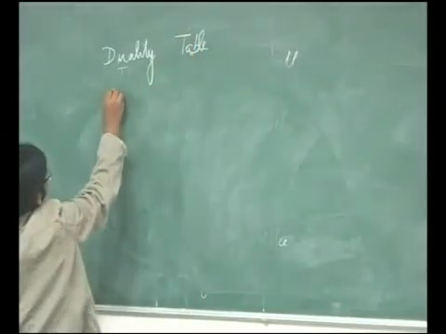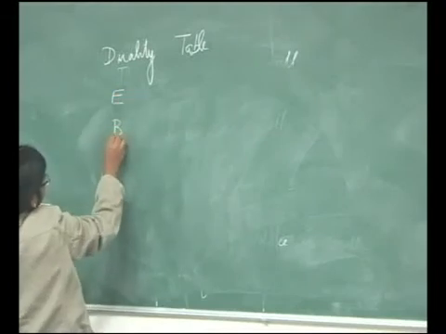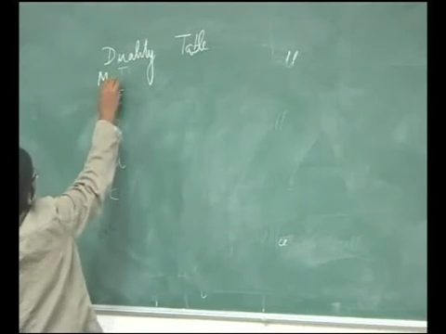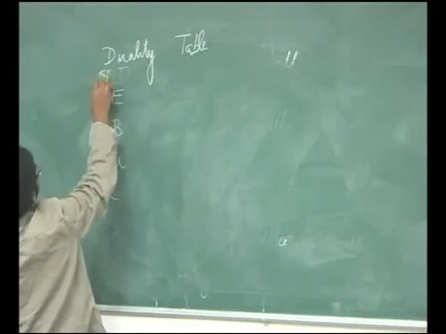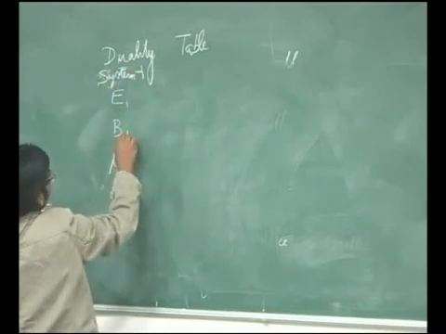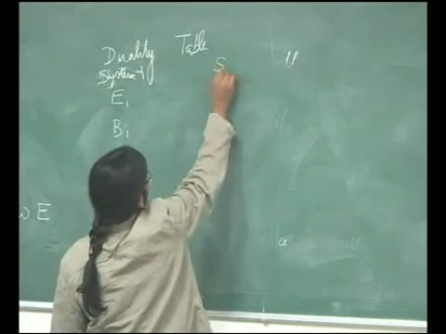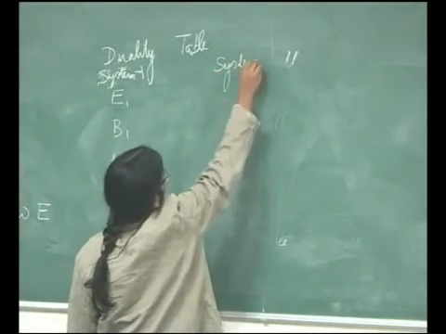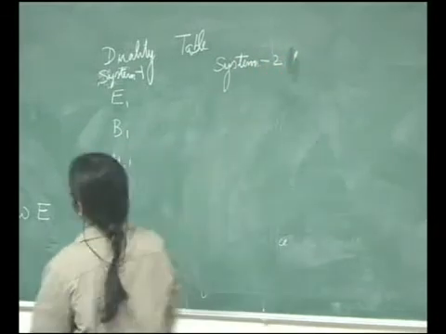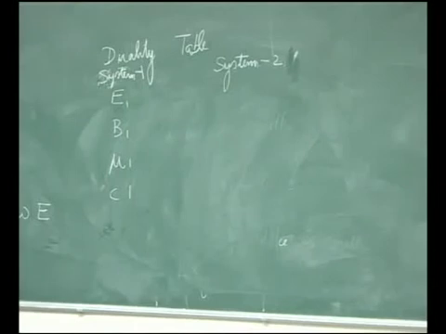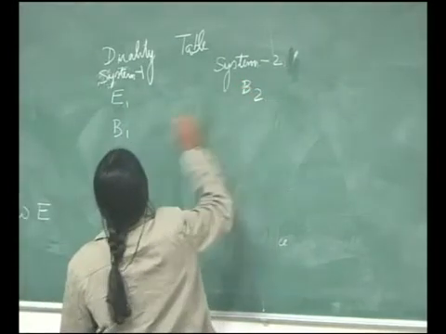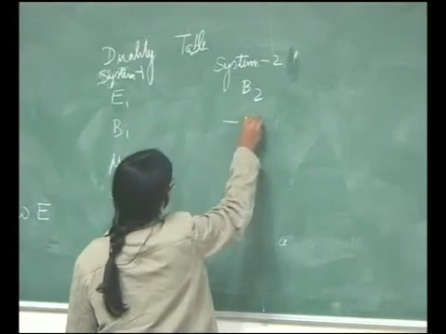so I have parameters E, B, mu and epsilon, say in medium 1 or system 1. So this is 1, 1, 1, 1. Then I have system 2. So now E1 will become B2 in system 2, but B1 will become minus E2.